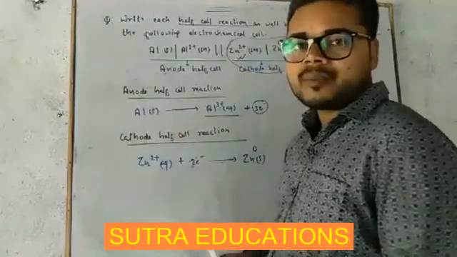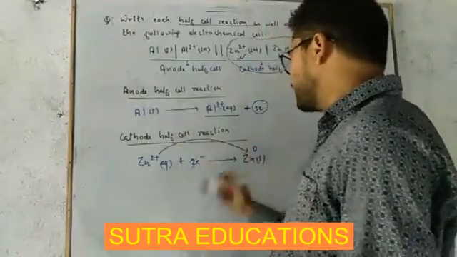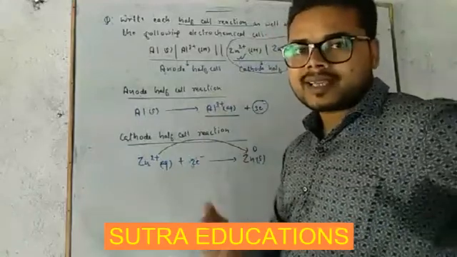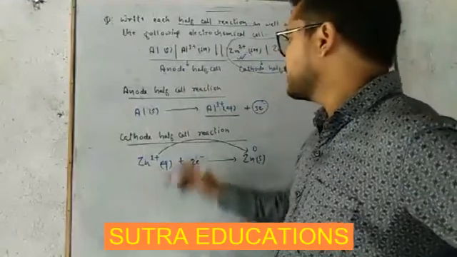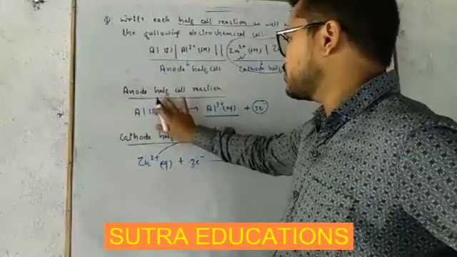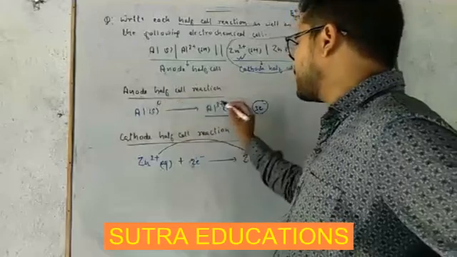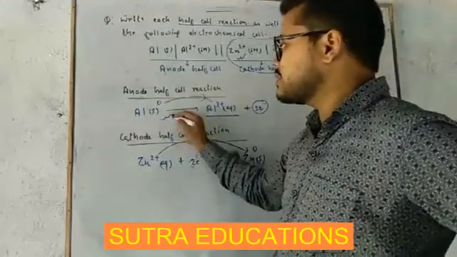From plus 2 to 0, the plus charge is decreasing, which means reduction is taking place. Here the oxidation state is 0, and from 0 to plus 3 the plus charge is increasing, so oxidation is taking place here.